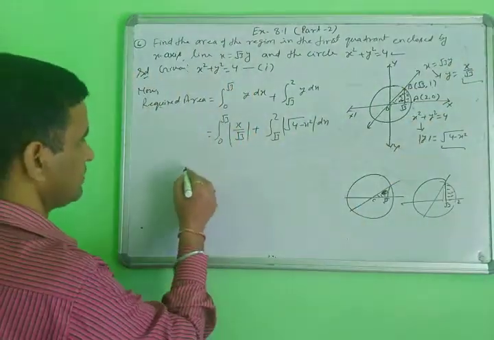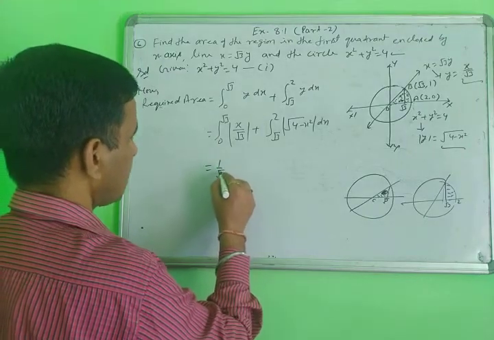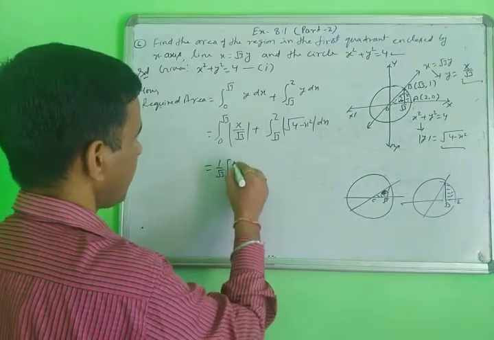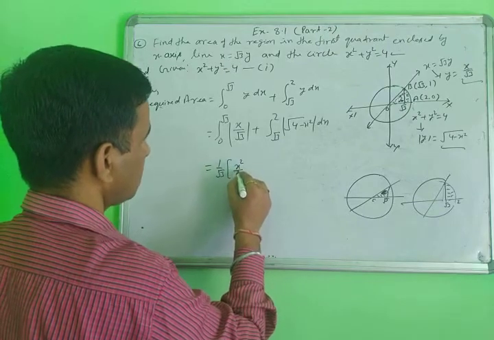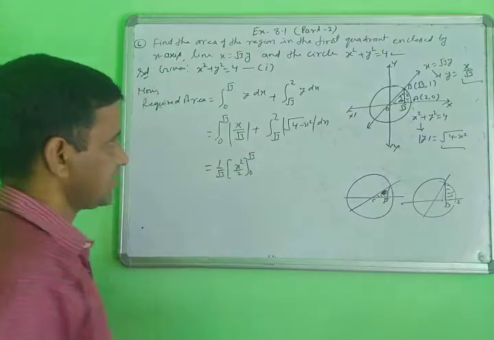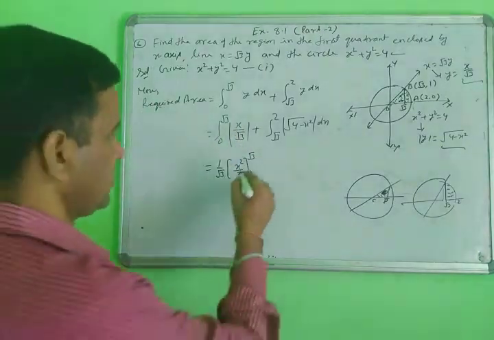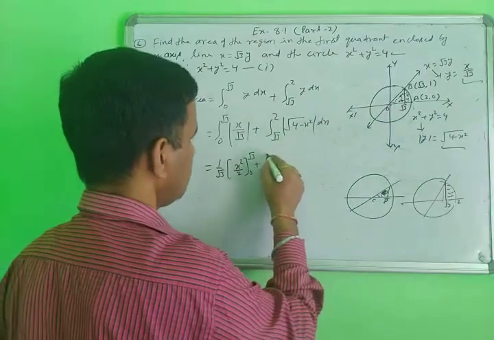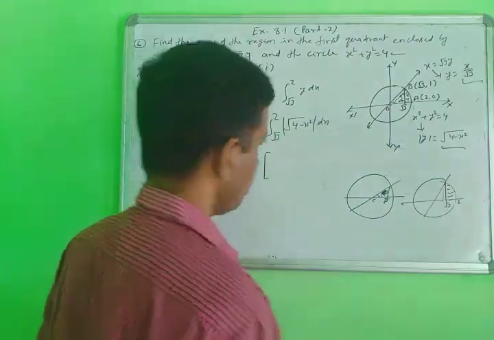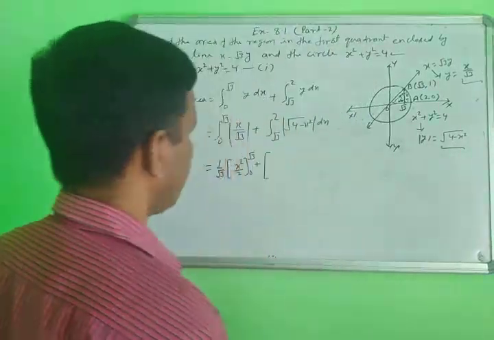Then using here 1 upon root 3 taking outside, the integration of x is x square by 2 from 0 to root 3, plus then using an identity. What identity are you using here?